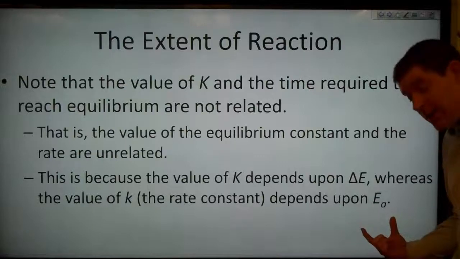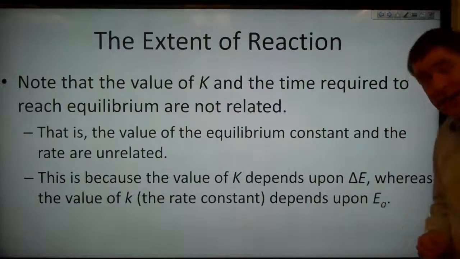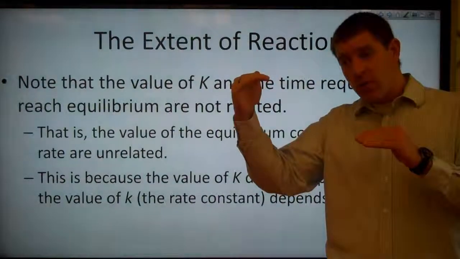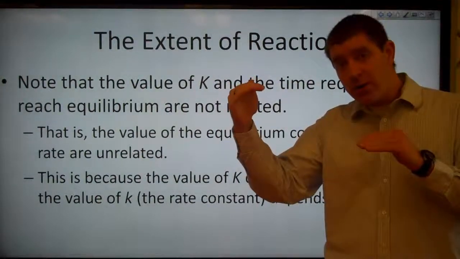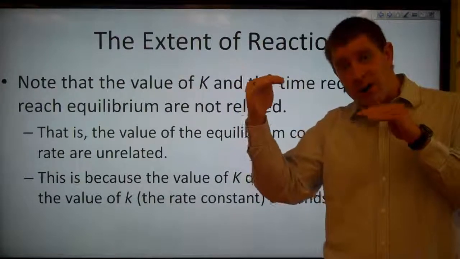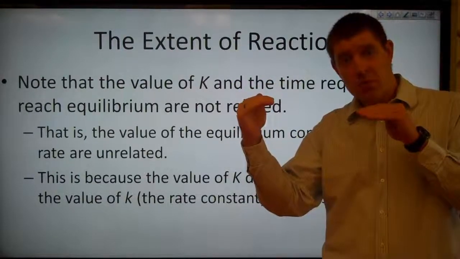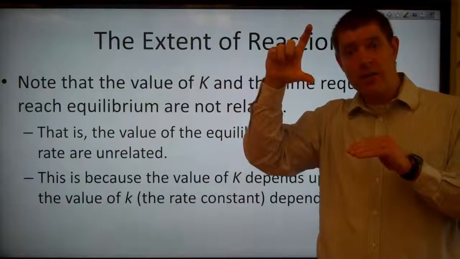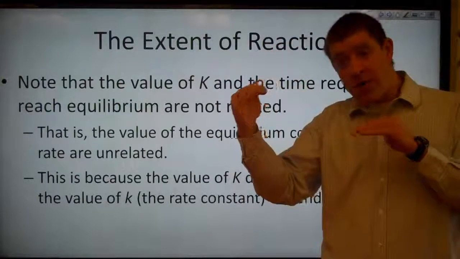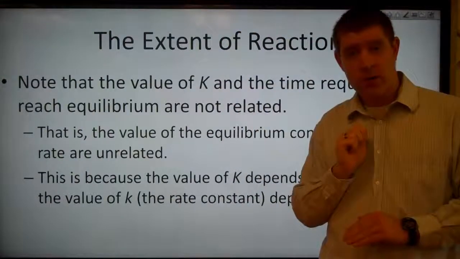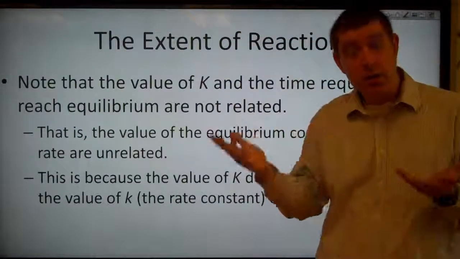But remember, the activation energy and the delta E, the change in energy from reactants to products, those two energies are independent of one another. You may have reactants and products that are basically at the same energy or just slightly different energy and a very large activation energy. Or you may have reactants and products that are at vastly different energies and a very small activation energy or a very large activation energy. They're independent of one another.